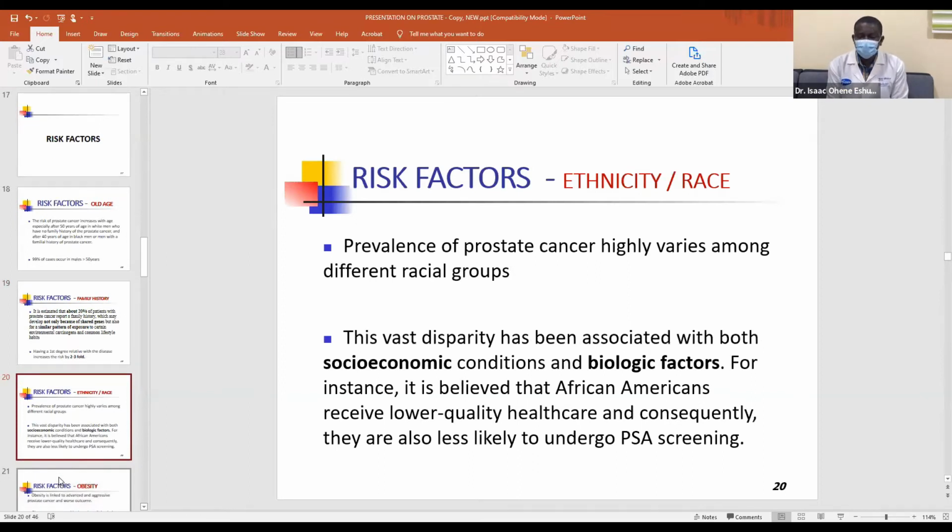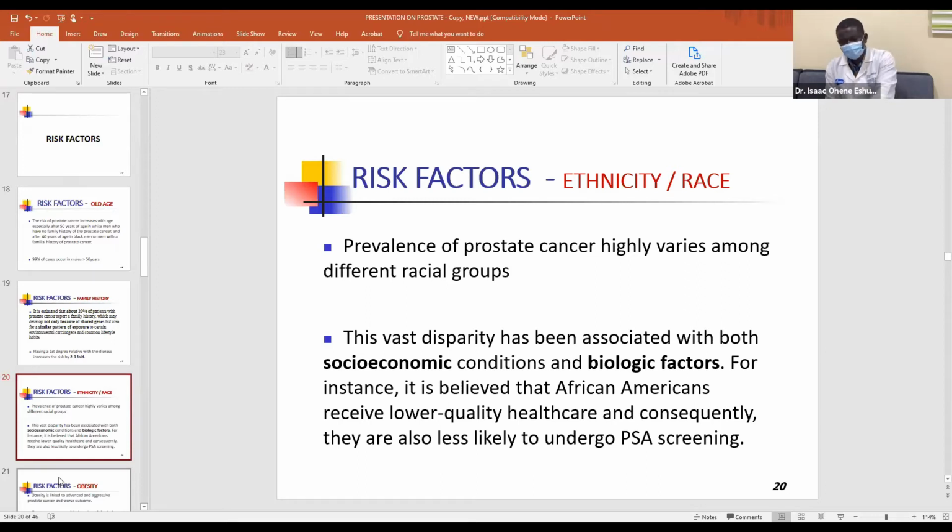Now, the next risk factor is ethnicity or race. And generally, it is noted it's more common in Blacks than in whites. This is an area still under dispute, and most of the research that came out with this finding gave several reasons why this was so.